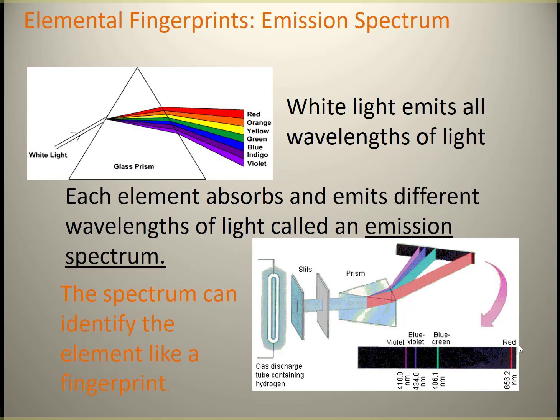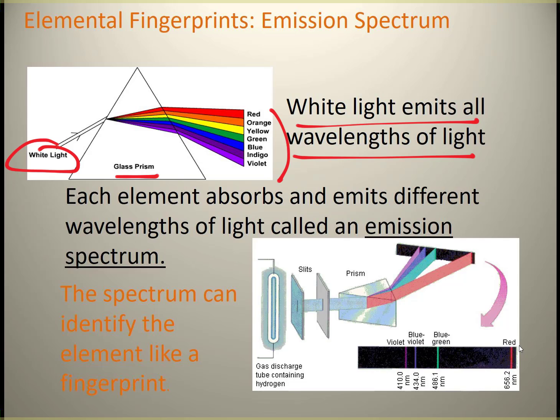Every element on the periodic table and even compounds, they give off an emission spectrum. White light emits all the wavelengths of light. So if I take white light through this prism, it will split up into the colors of the rainbow.